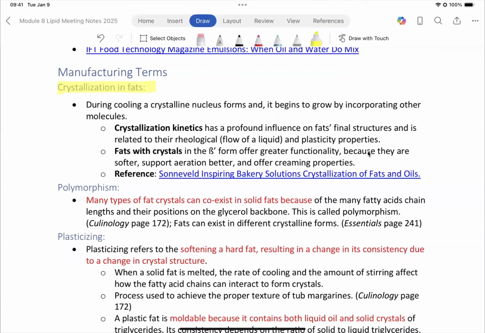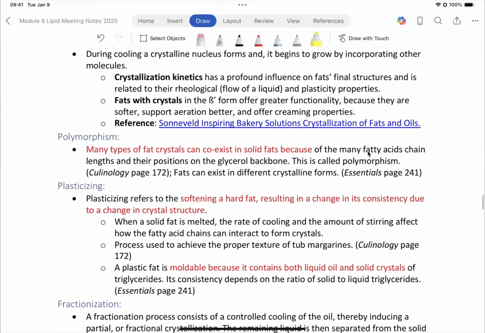Depending on what it is that you want it to do, if they melt and recrystallize again, they'll get a different shape that won't be as functional as what it was before. Another thing is polymorphism.